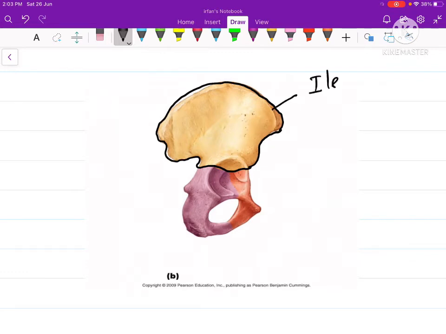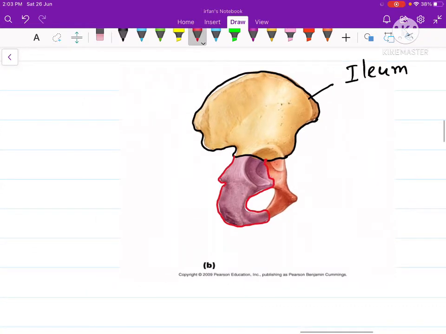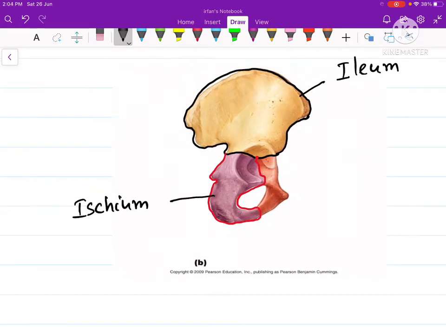This bone is the second bone, called the ischium. And the third bone which forms our coxal bone is this bone, called the pubis.